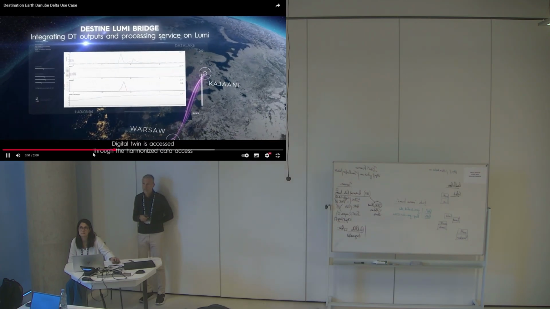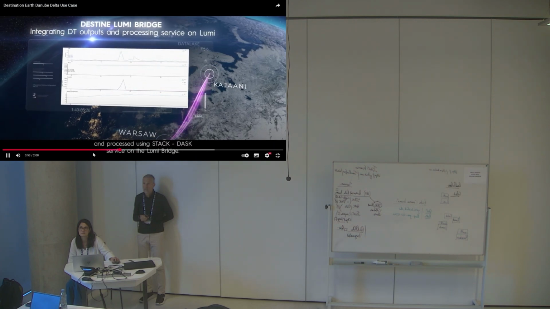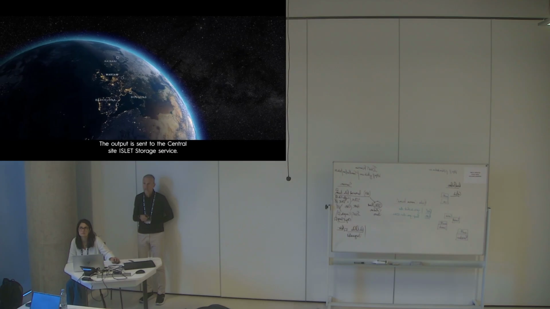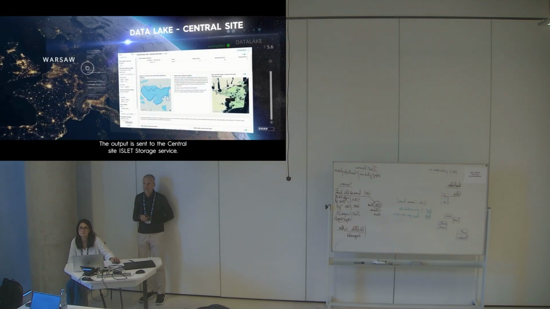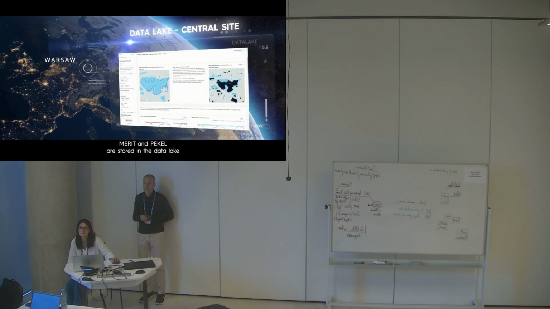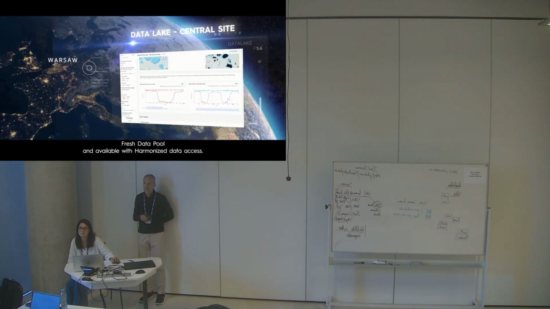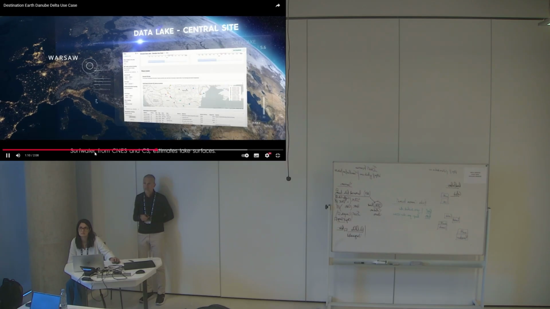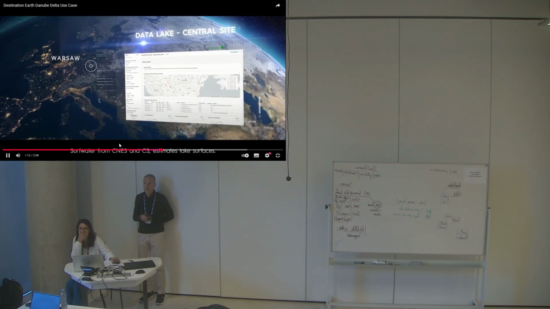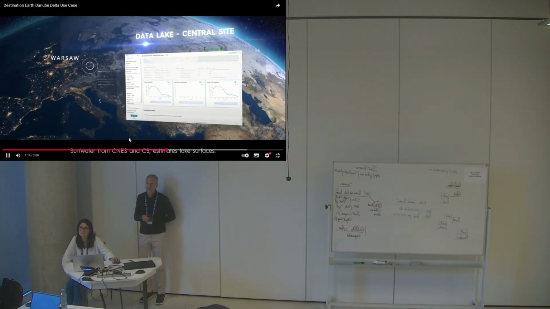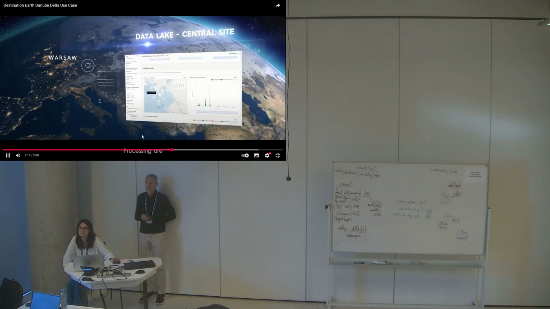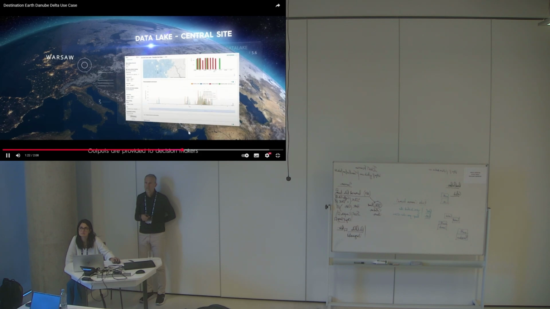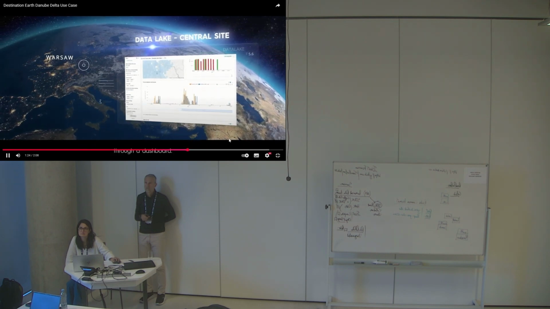Digital twin is accessed through the harmonized data access and processed using Stack Dask service on the Lumi bridge. The output is sent to the central site Islet storage service. Merit and Peckle are stored in the data lake fresh data pool and available with harmonized data access. Surfwater from Copernicus and CS estimates lake surfaces. Processing is executed with Islet compute service. Outputs are provided to decision makers through a dashboard.